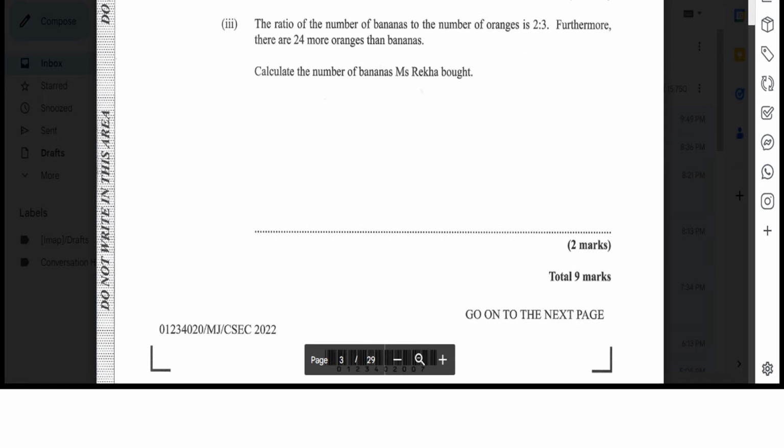In June 2022, the final question reads on consumer arithmetic, the ratio of the number of bananas to the number of oranges is 2 to 3. Furthermore, there are 24 more oranges than bananas. Calculate the number of bananas Miss Rika bought.